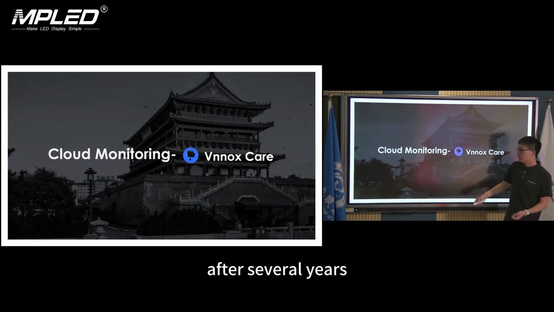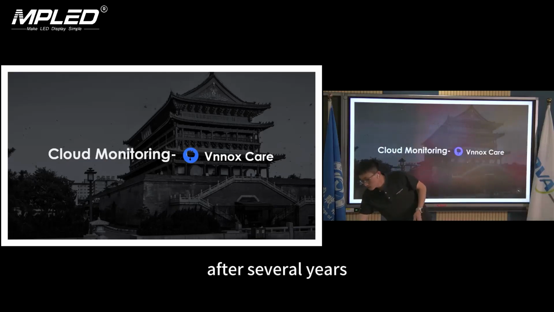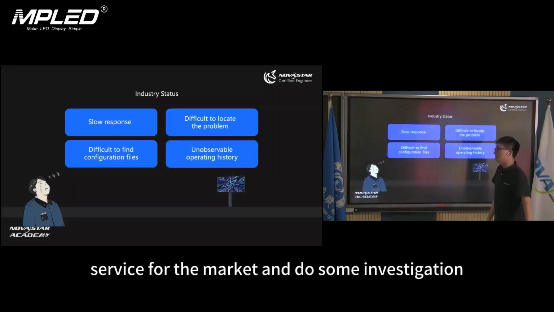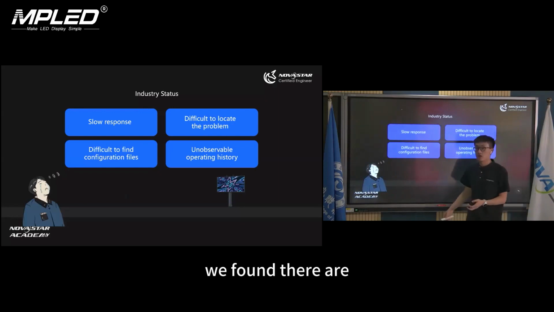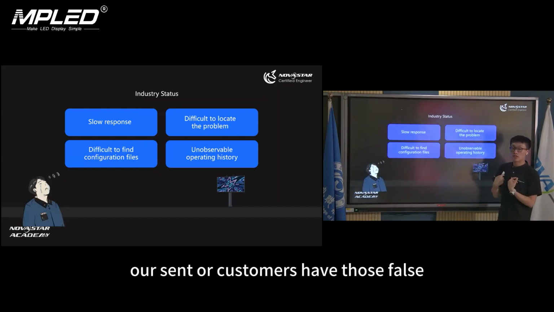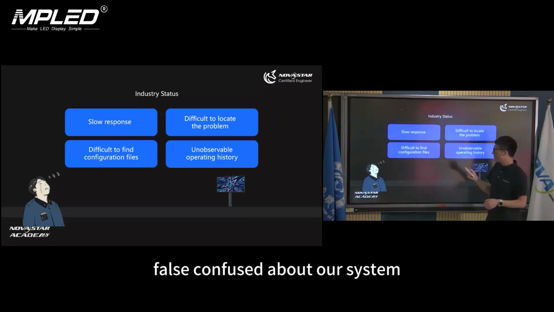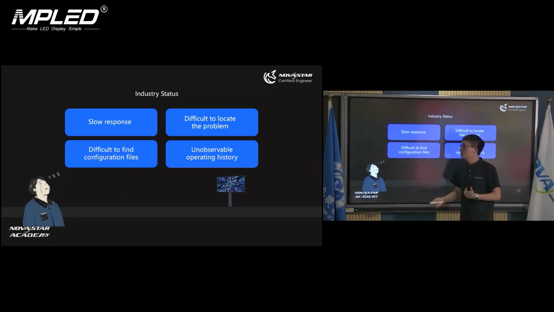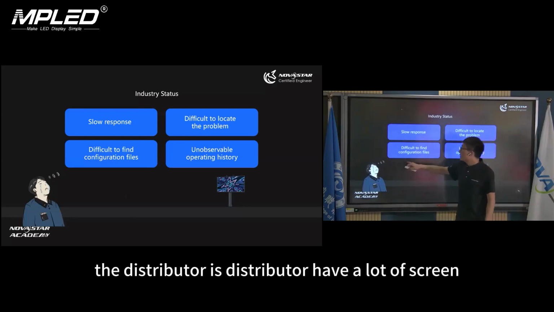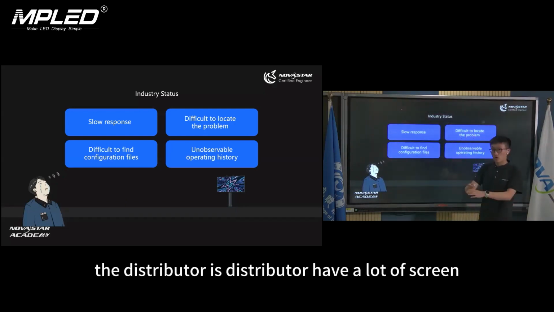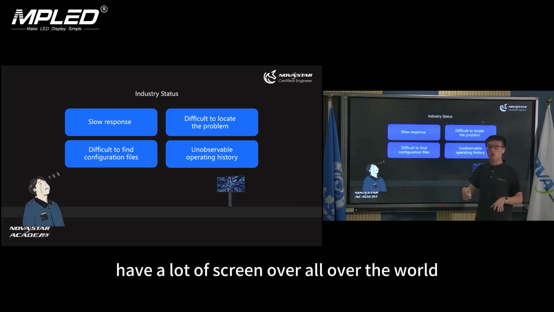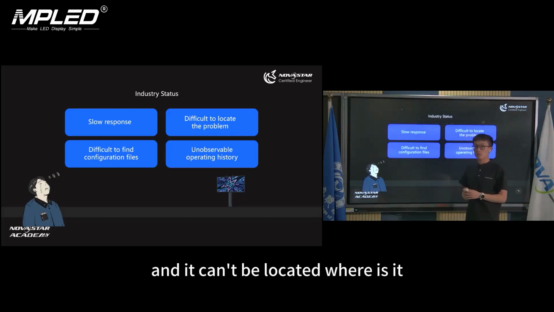After several years of surveys of the market and some investigation, we found our customers have some confusion about our system. If you, the distributor, have a lot of screens all over the world, they can't be located.